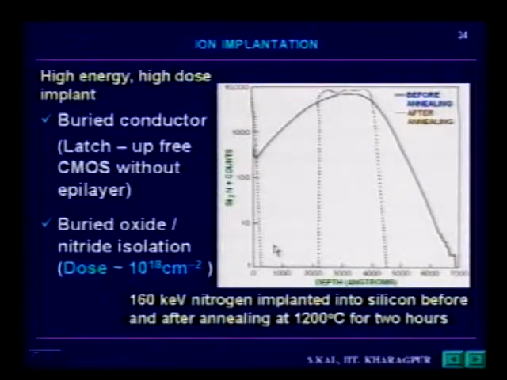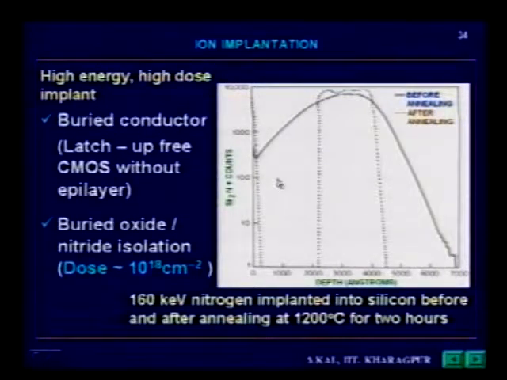Now you see the depth: after implantation, it is somewhere 2000 angstrom to 4500 angstrom, and from the surface during annealing some of the atoms are out-diffused, so that is going up, and some are going down, and some are going up by evaporation.